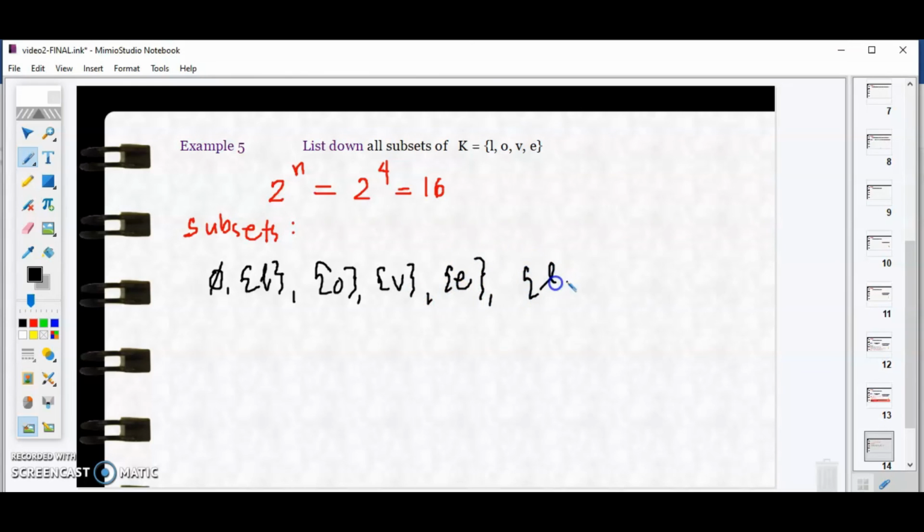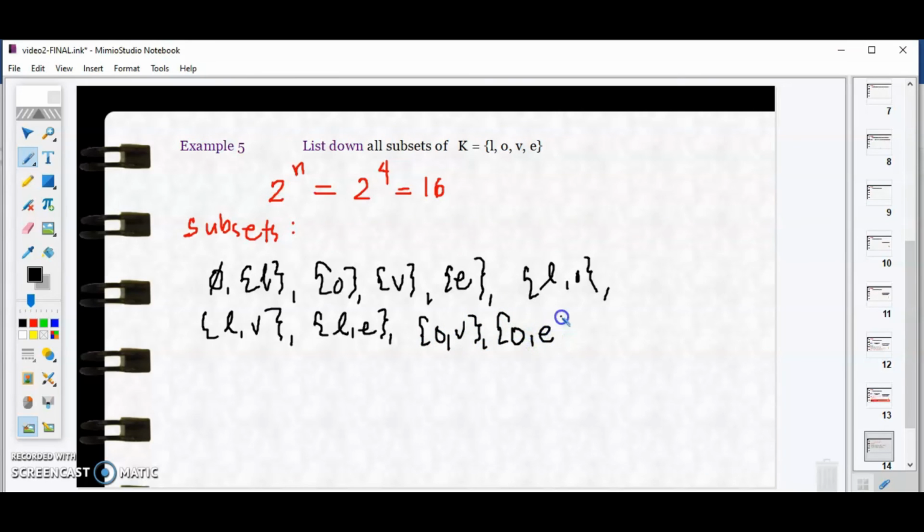set of LO, set of LV, set of LE, set of OV, set of OE, set of VE. Okay? Tapos, tatluhan.